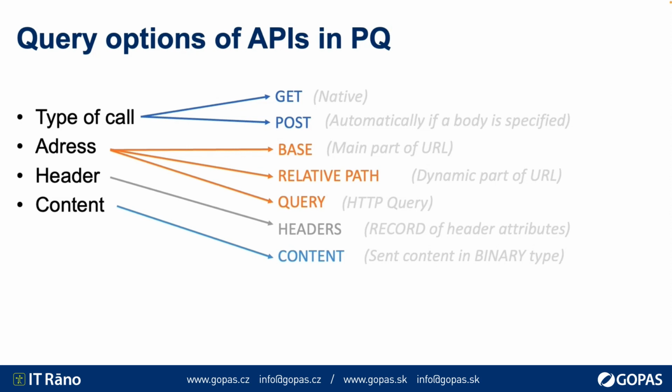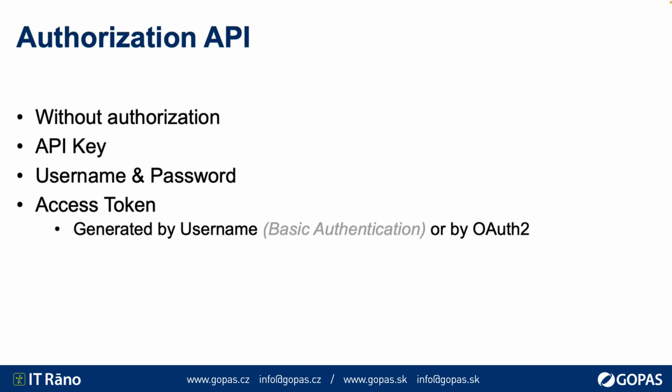And if any API has any authorization, then mostly it will be one of these authorizations. It can be without authorization. Yeah, some APIs are completely without any authorization, but it's not really common. Then the API key can be used as authorization. Then the user name and the password, which is mostly called basic authentication.